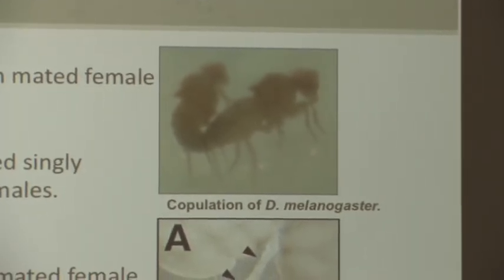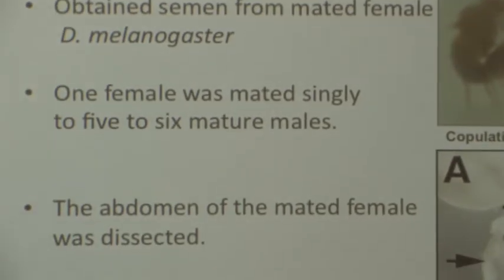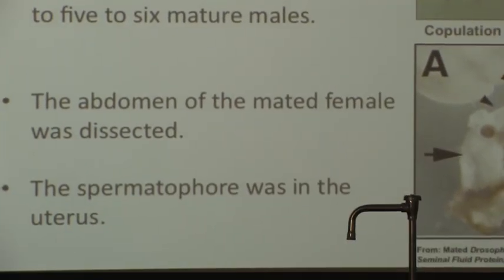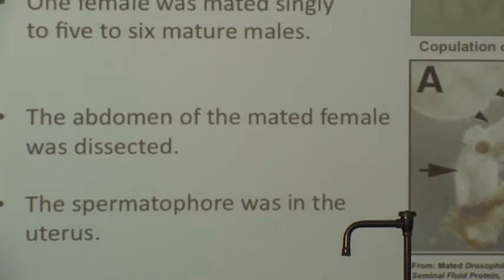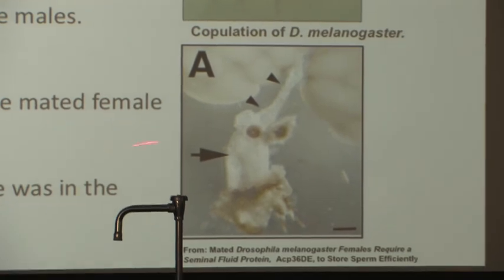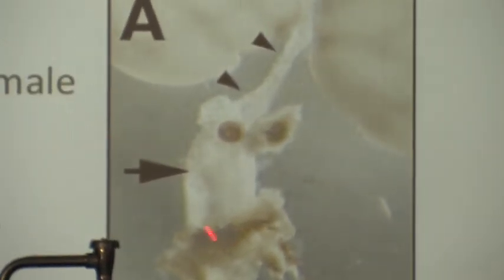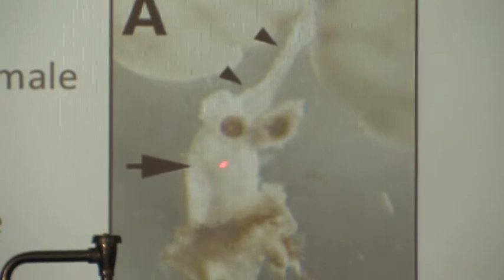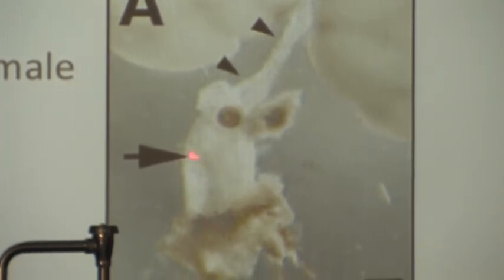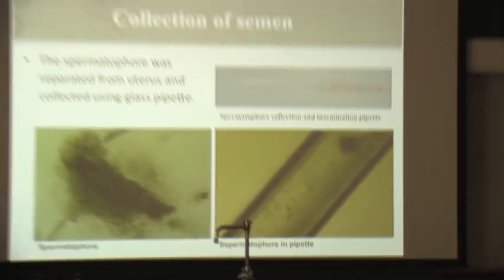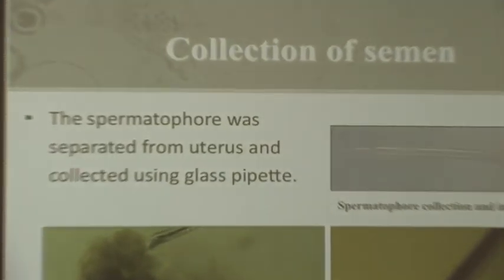After that, the mated virgin female is immediately separated and dissected using a fine needle. If the copulation has just finished, after we dissect the abdomen of the female, we can find the spermatophore in the uterus, like this black spot. The spermatophore is separated from the uterus and collected using a glass pipette.